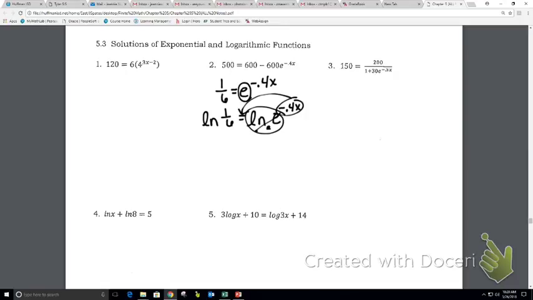So you would get the natural log of 1/6 was equal to negative 0.4x. And then you could solve it from there. So it's the same answer. It's just a different way to go about writing it. Is it any more work than the other one? No, not really. Just a different way to do it. Okay, so either way works.